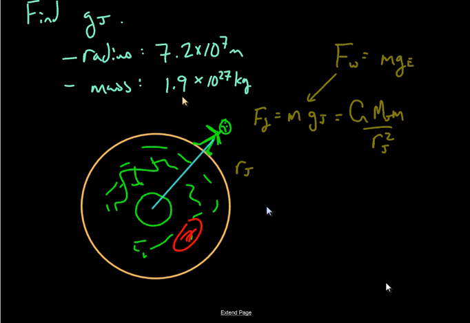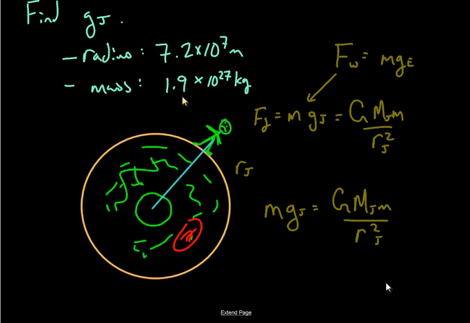So we could say this: m g of Jupiter is equal to G times the mass of Jupiter times the mass of you over r squared, the radius of Jupiter, okay? So we're not interested in what your mass is. That doesn't matter. All we want to know is how much force does every kilogram experience when it gets this far above the surface of Jupiter? Okay, are you with me?